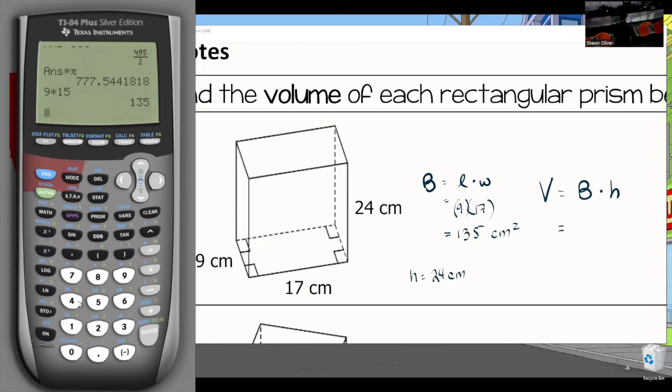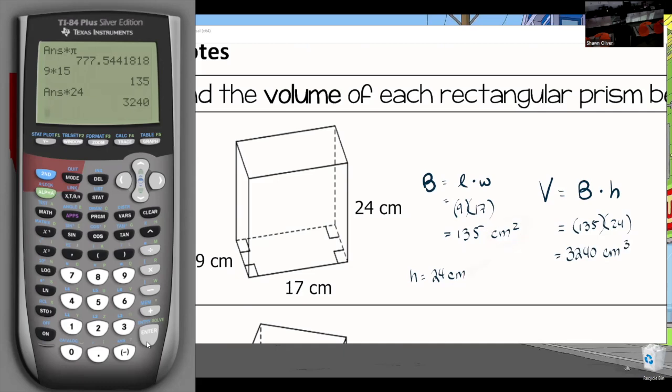That's why I like just showing base area times height. So 135 times 24, and we get a volume of 3,240 centimeters cubed. And that's because we did centimeters squared times centimeters.